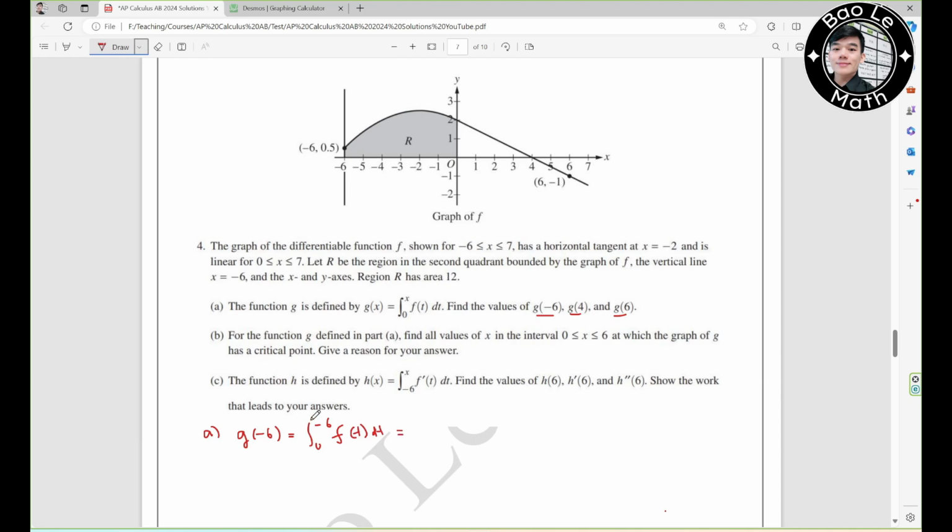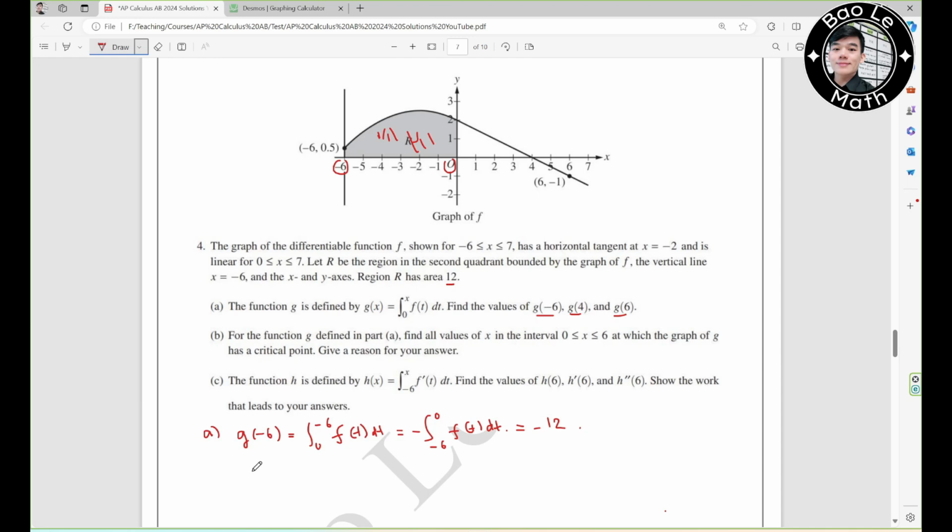Now we just change the bounds right here and we change the sign, so it could be integral from negative 6 to 0 of f of t dt. Alright, so we look at this one, negative 6 right here, 0 right here. So the integral from negative 6 to 0 of f of t dt is the area of this region right here. Alright, but we have it 12 right here, so it could be negative 12.